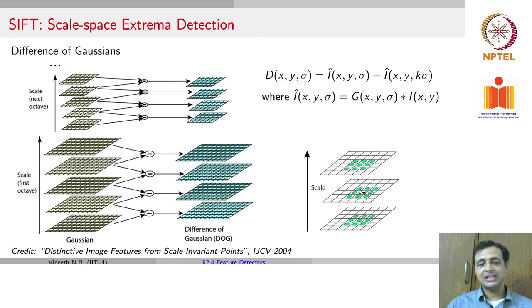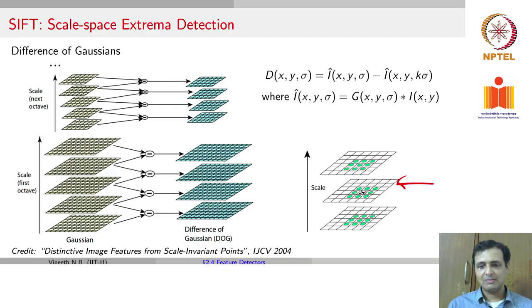Now, to find the scale space extrema detection, what we're going to do is, for every pixel, let's say you take that crossed pixel in the image on the right, you take a 3 by 3 neighborhood around that point in its own image, and then you take a 3x3 neighborhood in the image on the next higher scale and a 3x3 neighborhood at the same location in the next lower scale.